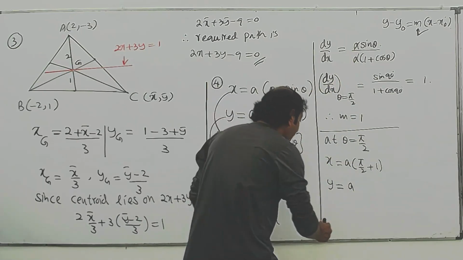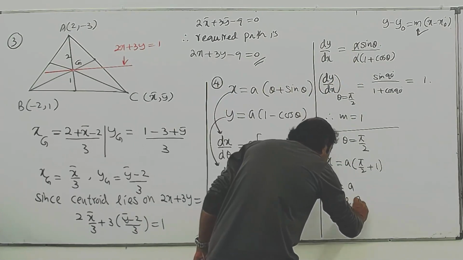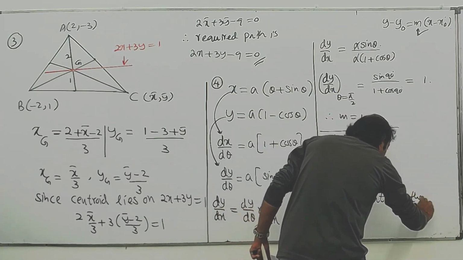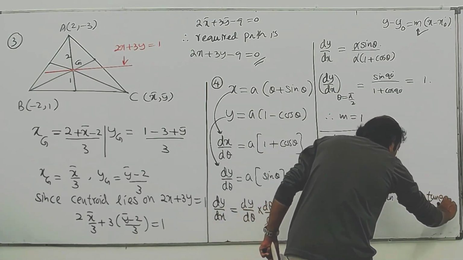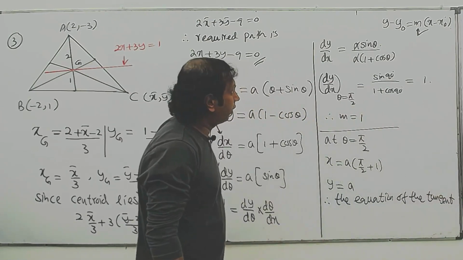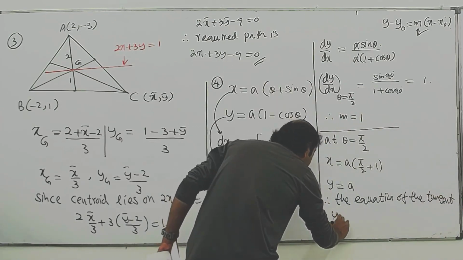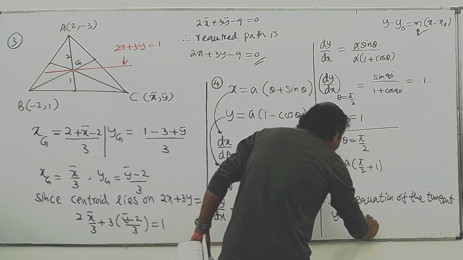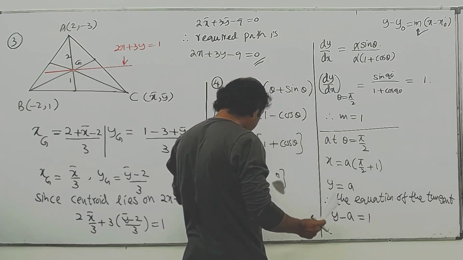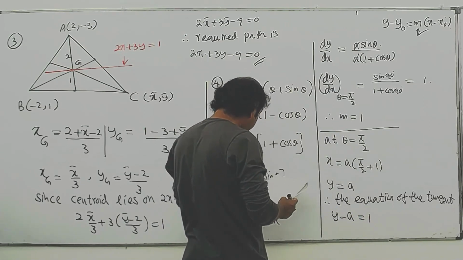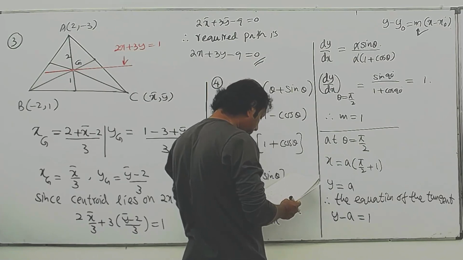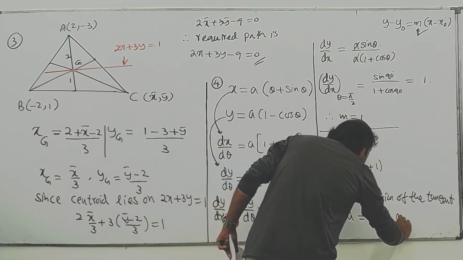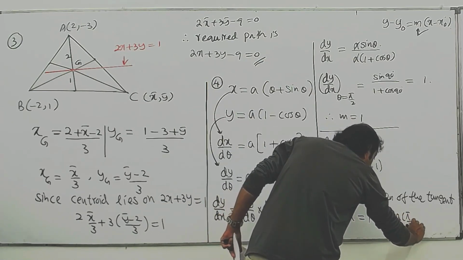So therefore, the equation of the tangent: you can write y minus y naught, so y minus a, equals the gradient, which is 1, times x minus a times pi by 2 plus 1.